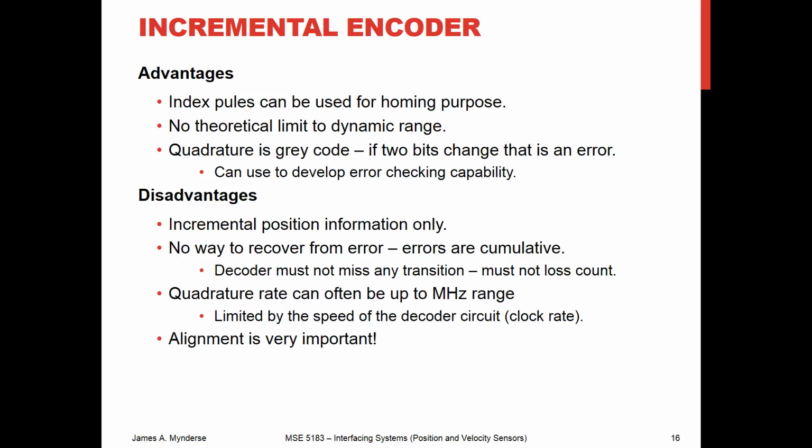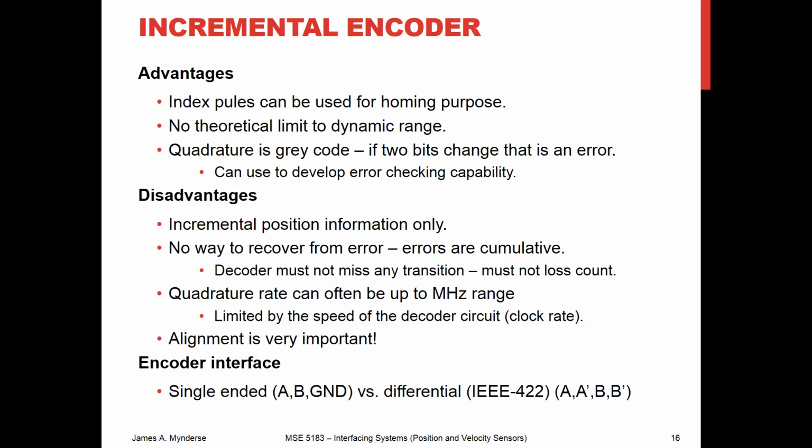Also, because one thing is changing at a time, you don't have any sort of intermittent bad values. But you are getting only incremental position. If you don't know where you started, you don't know where you are ever. And if you've got an error somewhere, you're not keeping up with the counting, you're losing counts somewhere, there's no way to fix it. You are lost. And as I mentioned, it can be very fast.